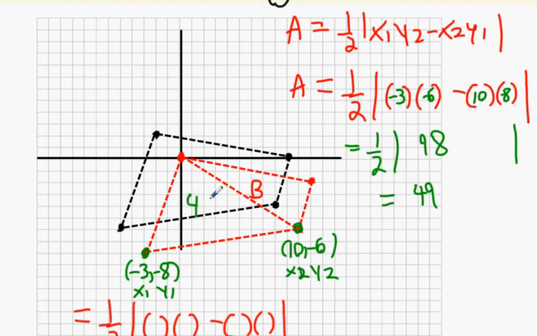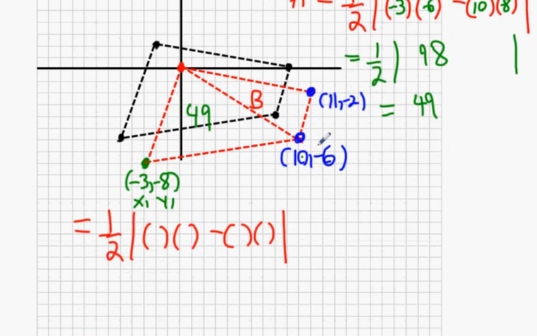So it's 49 big. B is looking smaller, maybe around 30 or 20 somewhere. We'll find out in a second. What I'm going to do next is mark B using a different colour. B is now going to be marked in blue. So it was 10, minus 6. And the other blue point is going to be, what's it, 12 and? Oh, sorry, 11, minus 2, excuse me, because it's 1 across and 4 up, so you're right. Which way do you want me to label them, Lee?